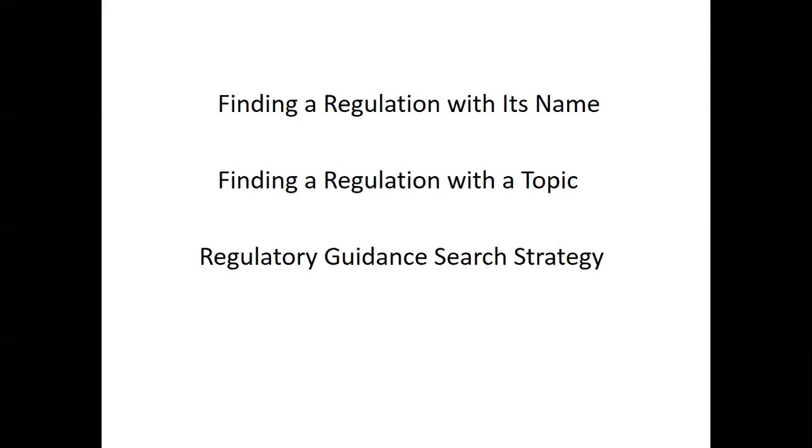Now, the state agencies are a little more difficult. They don't really have a central area that you would search. And so generally, if you're looking for regulations in a state agency, you're probably going to have to go to the agency itself. Your search would probably begin with going on the agency's website and trying to identify the regulation that you're looking for.